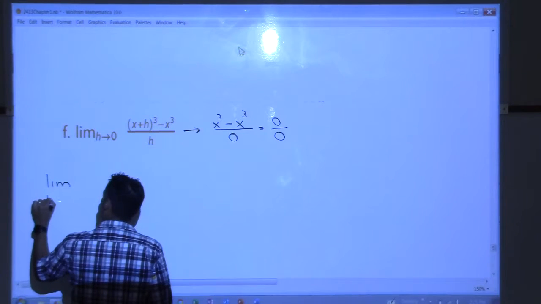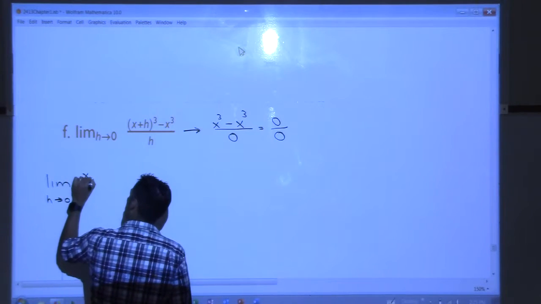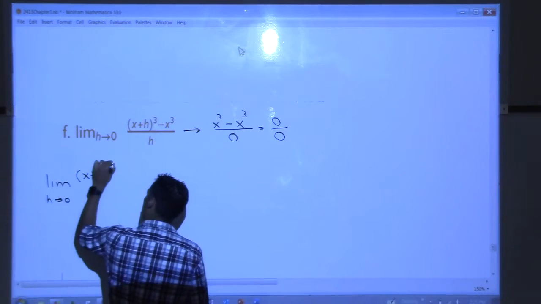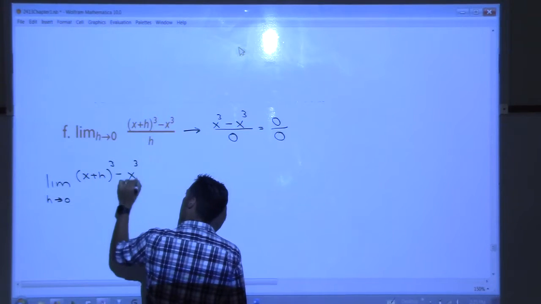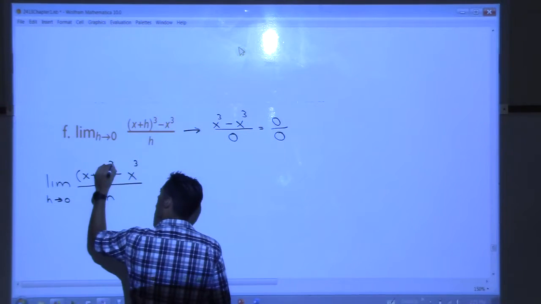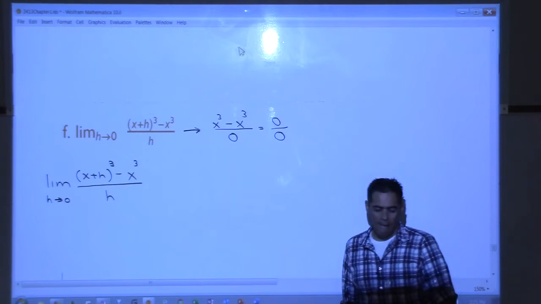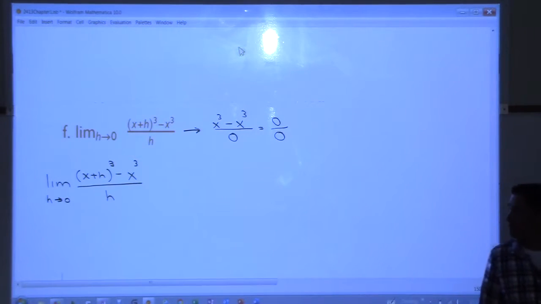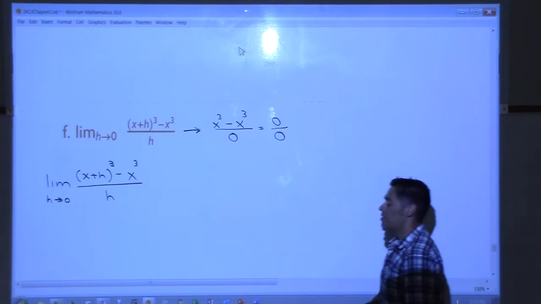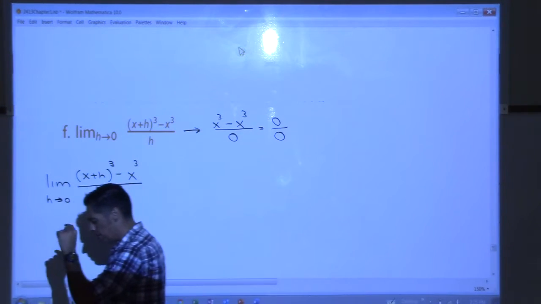Limit as h goes to 0 of x plus h cubed minus x cubed over h. What is it that is causing the problem here? The h in the bottom.